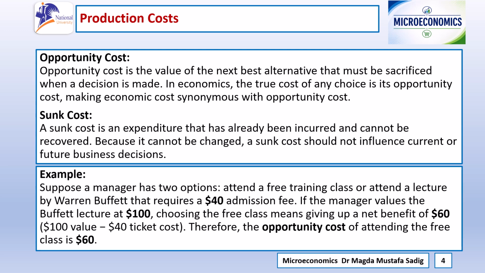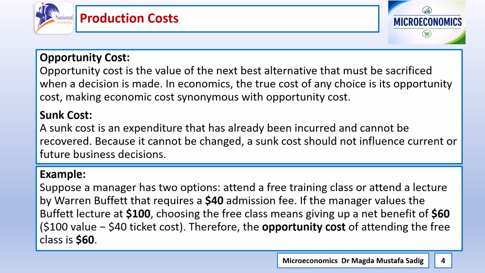A manager has two options or choices. The first option is attending a free training class. The second option is attending a lecture by Warren Buffett. The Buffett lecture costs $40, but the manager values the lecture at $100.